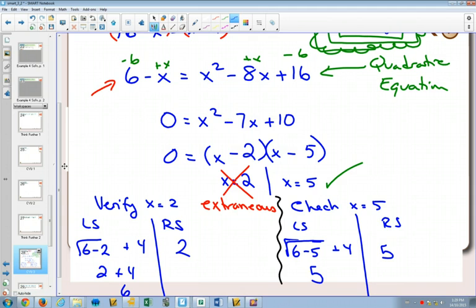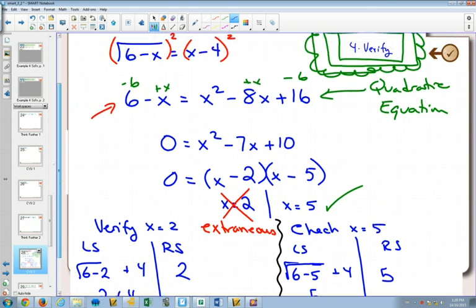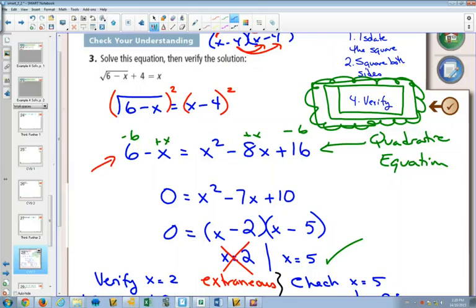Does anyone know why these extraneous roots come out in radical equations? What's happening? The mathematical problem happens at this step right here. There's a possibility of a problem because you can start with two things that aren't equal. These two things aren't equal. Negative 3 does not equal 3.